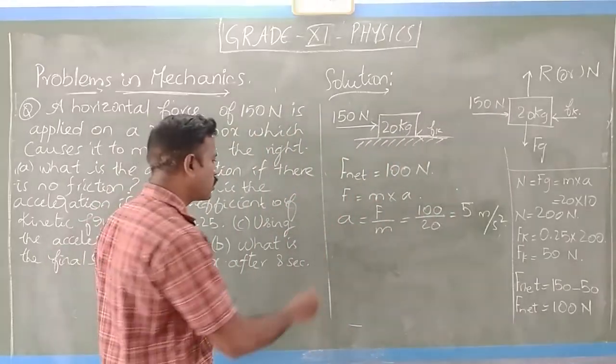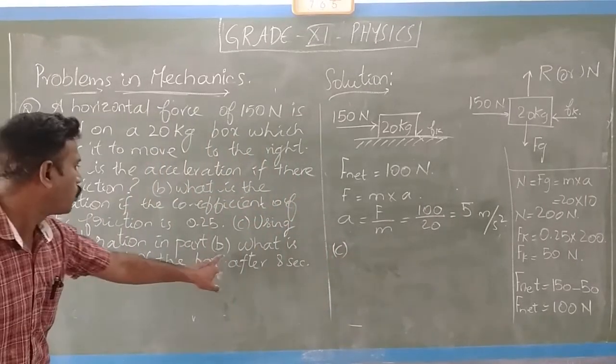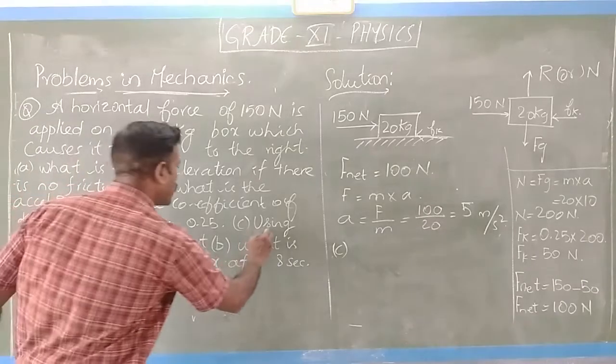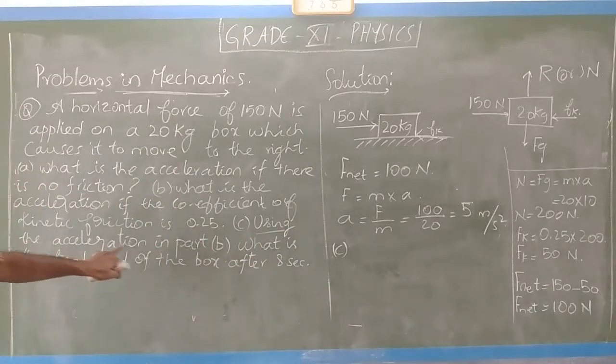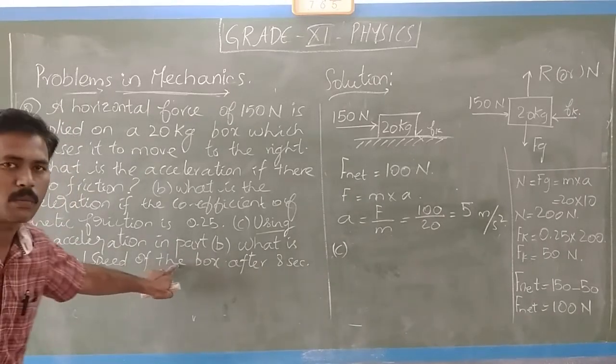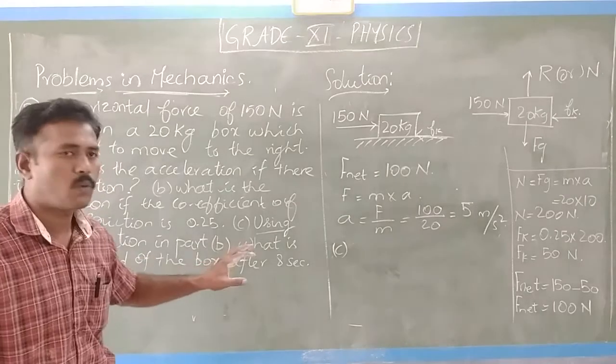And finally, what is asked in C? Using the acceleration in part B, what is the final speed of the box after 8 seconds? So now we have found the value of acceleration.